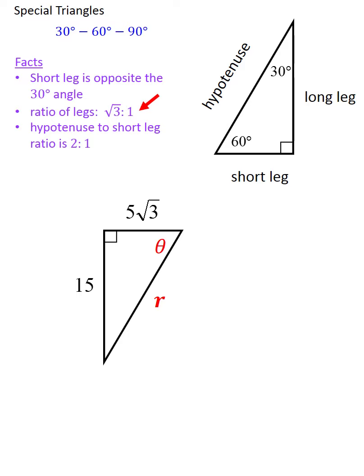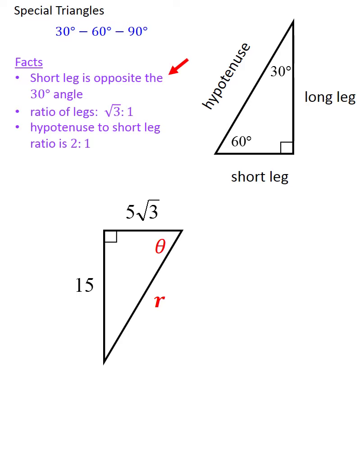Well, that does turn out to be the case, but to prove that, we need to take the short leg, multiply it by radical 3, and prove that that's equal to the longer leg. Here's the short leg times radical 3, and a little basic algebra does indeed prove that the short leg times radical 3 is the longer leg. And therefore, since they're in a ratio of radical 3 to 1, we must have a 30, 60, 90 triangle.